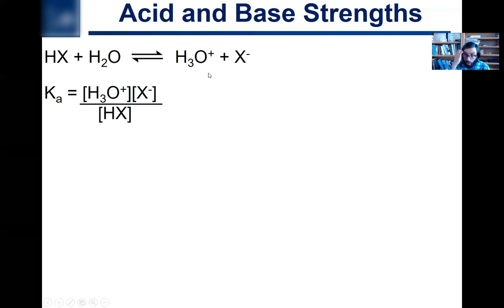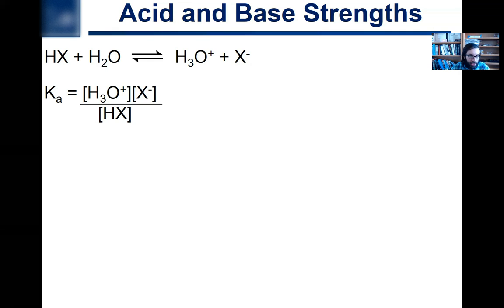You'll notice we don't have water in this expression. It takes some explanation to get into that, and your textbook doesn't, but some general chemistry books do an okay job at explaining it. If you're curious, I'm happy to talk to you about why water isn't in this equilibrium expression.